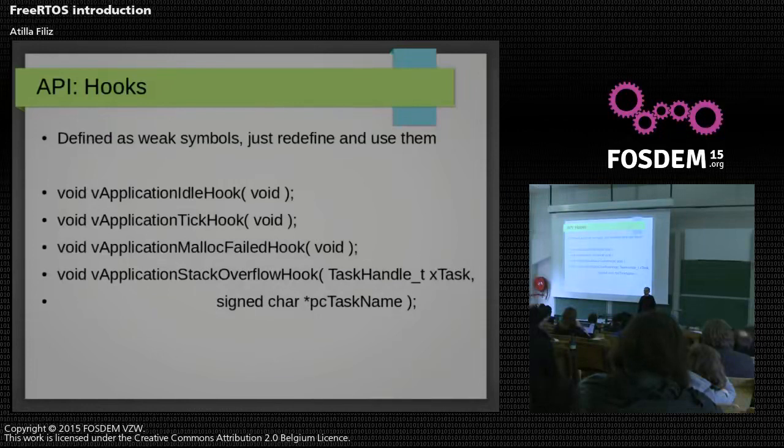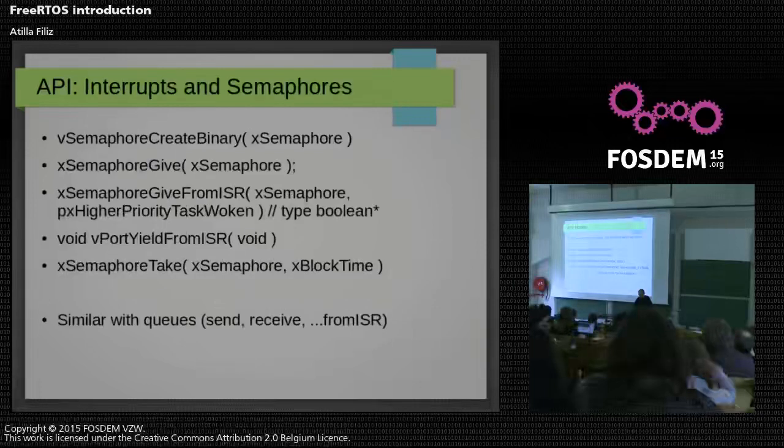A malloc failed hook obviously runs whenever a malloc fails. A stack overflow hook runs whenever a stack overflows. And you see I get a handle to the task and even a string parameter with the task name, so I can immediately do something about which task has been overflowing its stack.